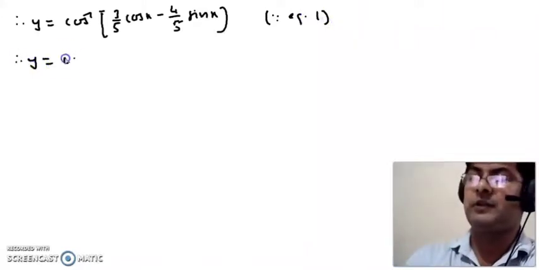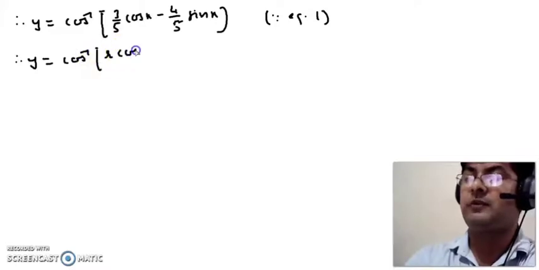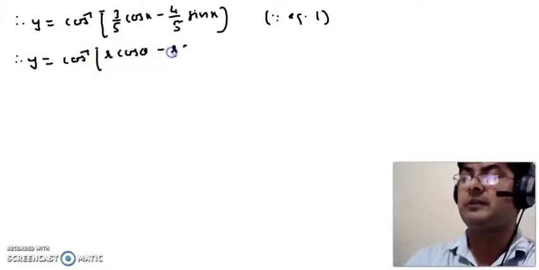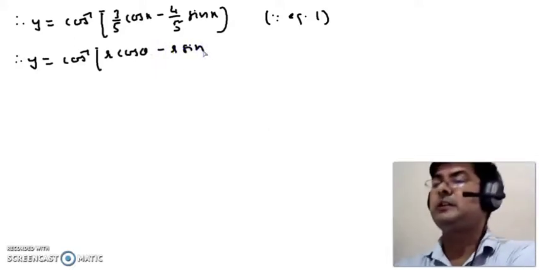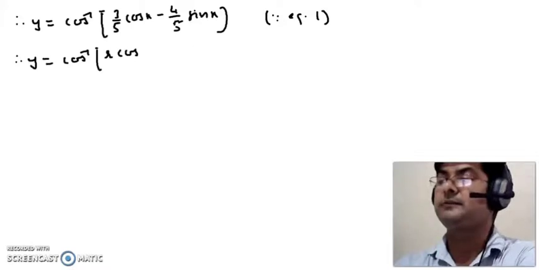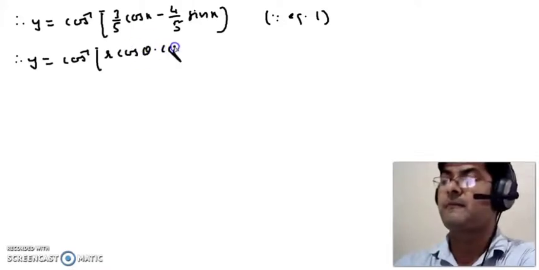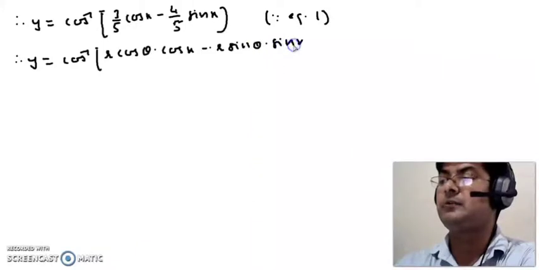And therefore y is equals to cos inverse of r cos theta into cos x minus r sin theta into sin x.